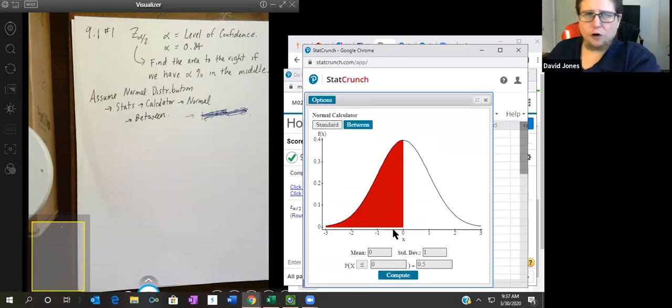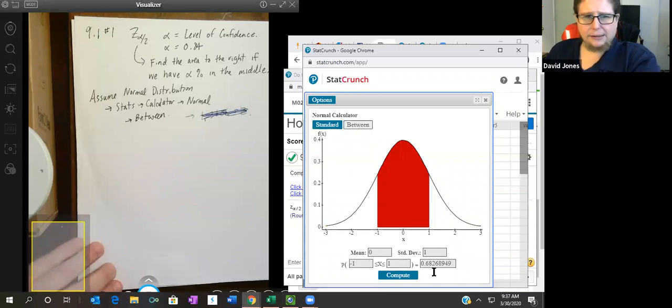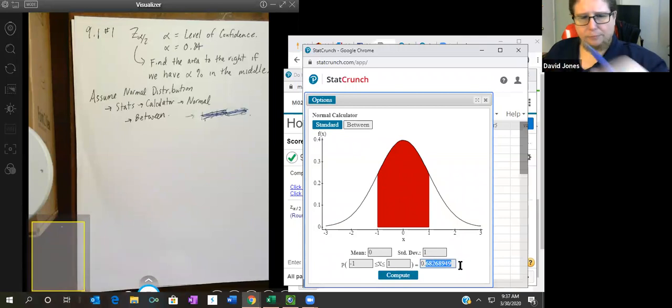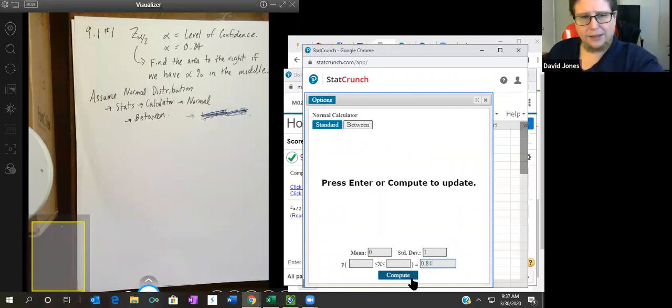Why can I assume normal? They said it's a z-score. Z-score means normal distribution. Not only does it mean normal, it means standard normal. A mean of 0, standard deviation of 1. Now, if we have alpha percent in the middle, I'm going to click on between. And I'm going to put 0.84 where I want that in between.